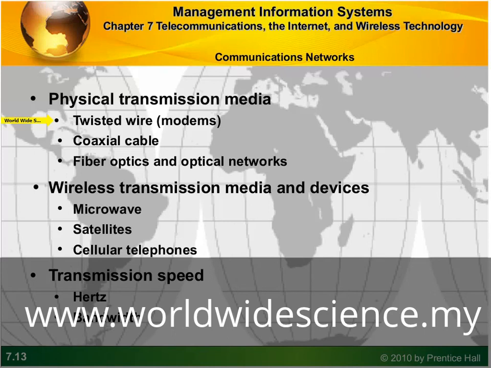It has very high speed and transfers a bigger amount of information. And there are some sorts of wireless transmission media and devices, which are very common these days: microwave, satellite, and cellular phones. Transmission speed is considered based on hertz and bandwidth.